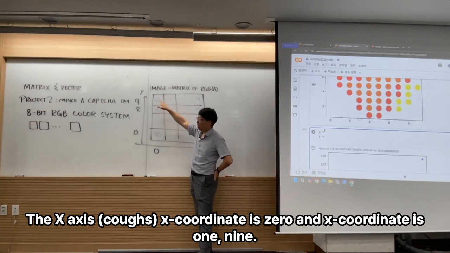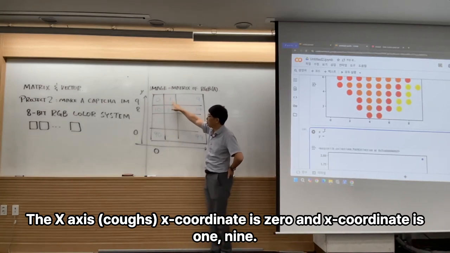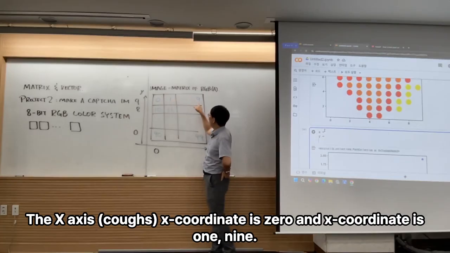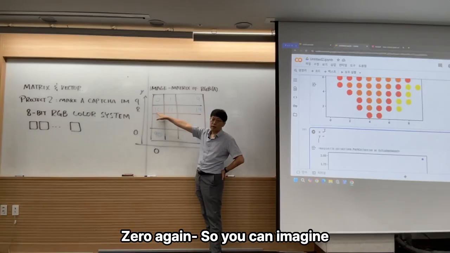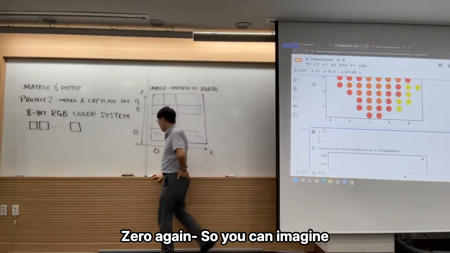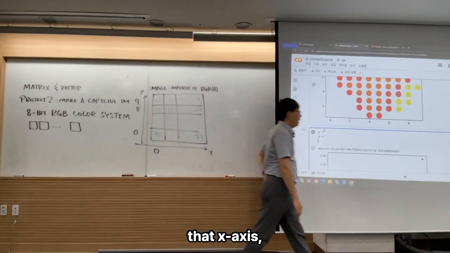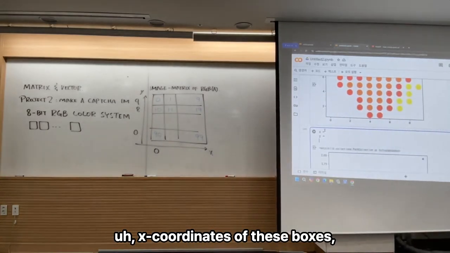So the x-coordinate is 0, and the next x-coordinate is 1, 9. And what's the x-coordinate of the 10th box? 0 again.